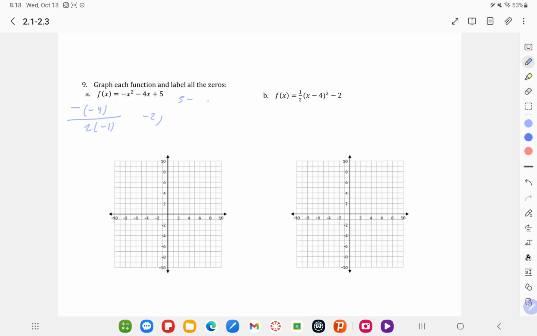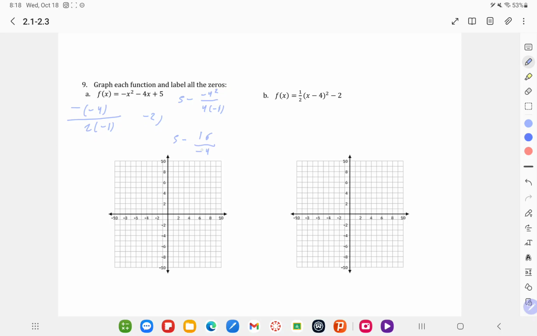So 5 minus, what is our other number? Yeah, b squared. So negative 4 to the power of 2 over 4 times negative 1. What that gives us is 16 over negative 4 times, and it's 5.